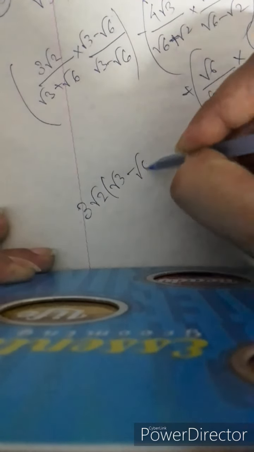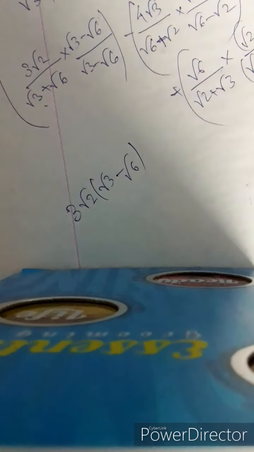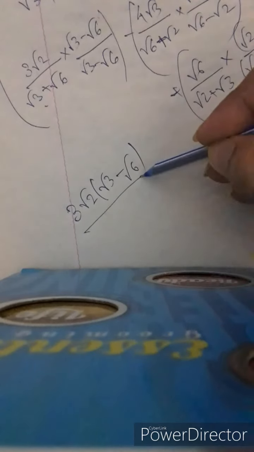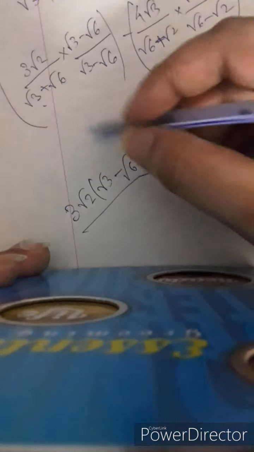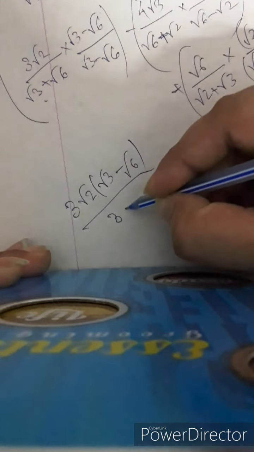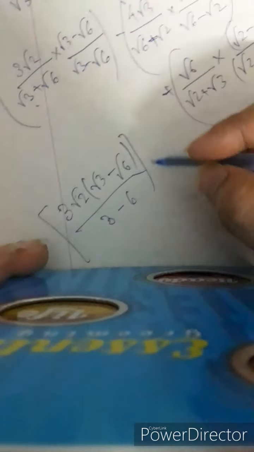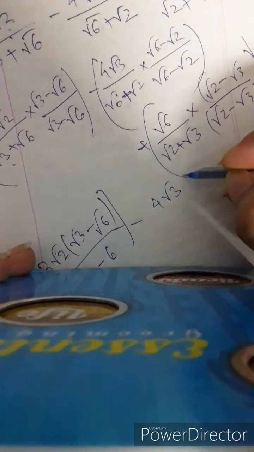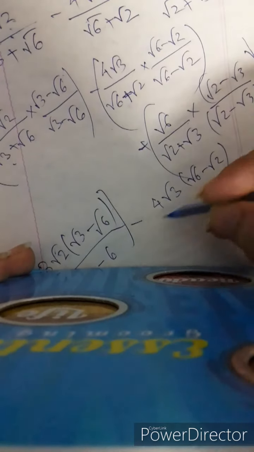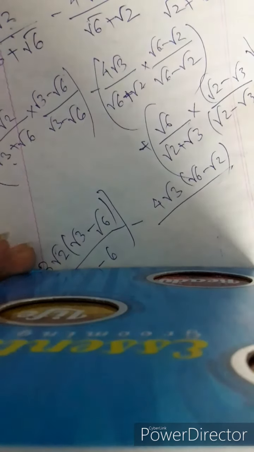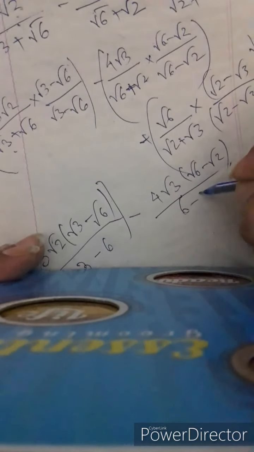Now 3 root 2 into root 3 minus root 6, and root 3 plus root 6 into root 3 minus root 6 becomes 3 minus 6. Alright, so 4 root 3 into root 6 minus root 2, root 6 plus root 2 into root 6 minus root 2 becomes 6 minus 2.